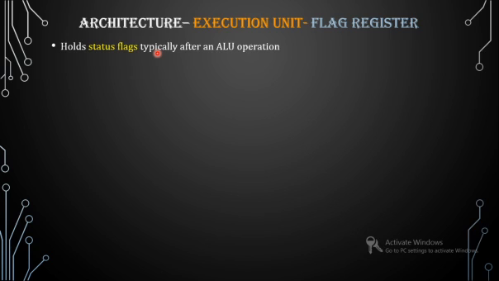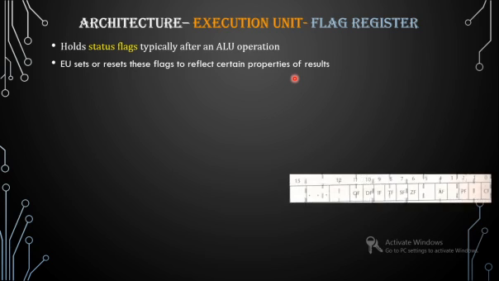Okay, anyway we'll have to show the status after some operation. So those 1-bit registers are what we call the flag register. The execution unit will be setting this flag, that means making it 1, or resetting, that means making the flag 0, to reflect certain properties of the result.